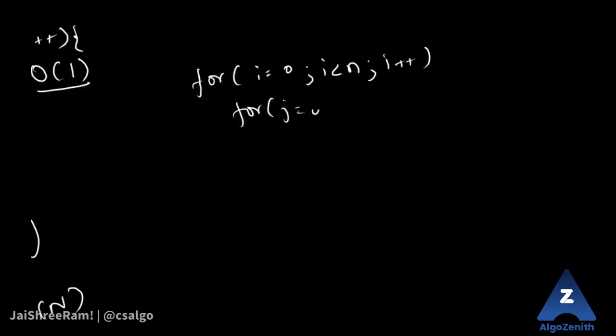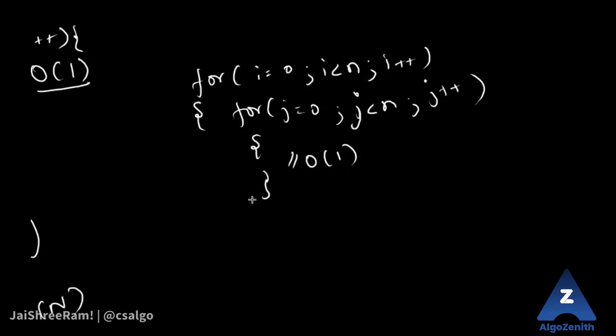So j equal to 0, j less than n, let's take j plus plus. And then this loop ends, this loop ends. There is some order 1, I mean constant, work, right? Because we know that multiplying by a constant doesn't change the polynomial. So we just multiplied by 1. Why not 1, right? So this is just order 1 work.